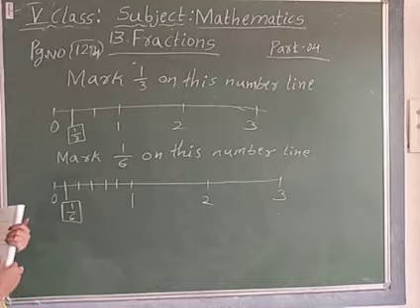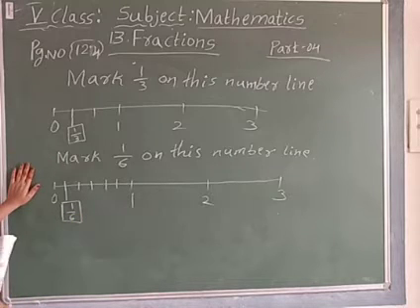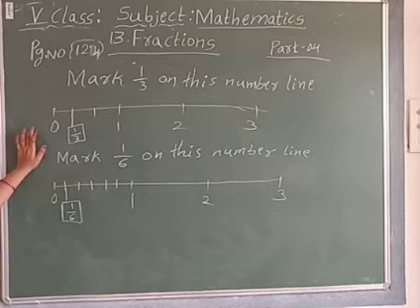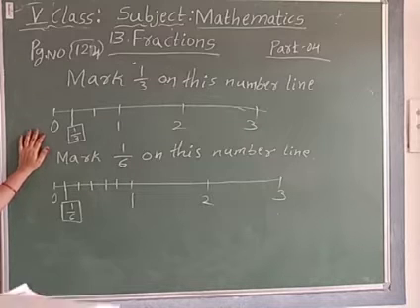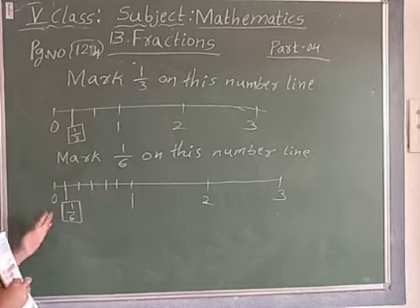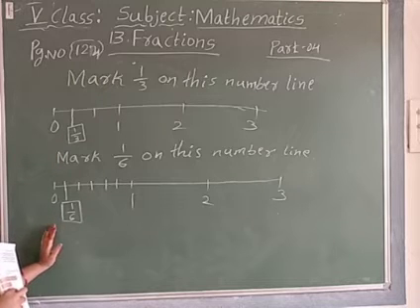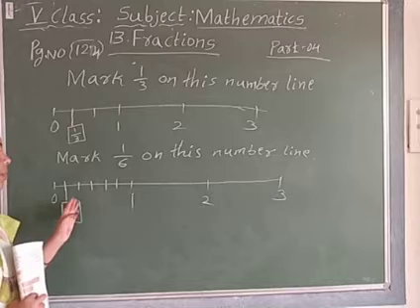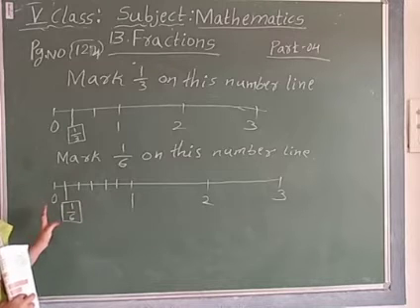In these two fractions, which fraction is greater? Which is greater, 1 by 3 or 1 by 6? Some people are thinking 6 is a big number, so 1 by 6 is the greater fraction.